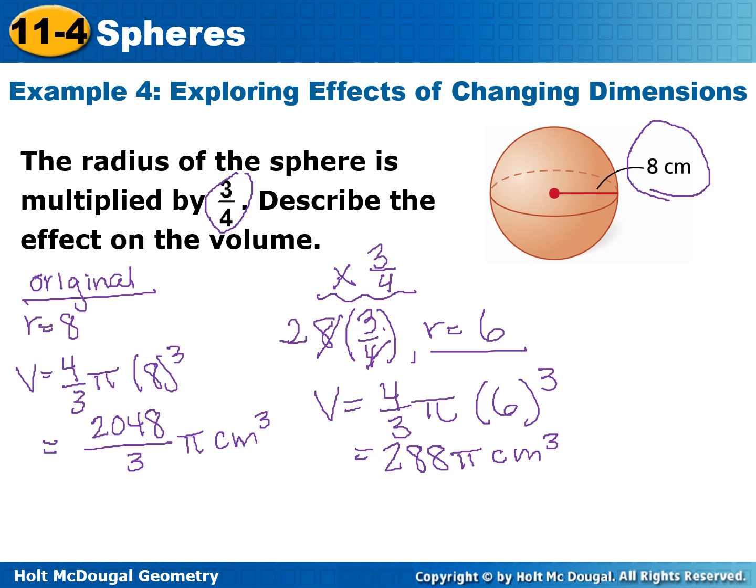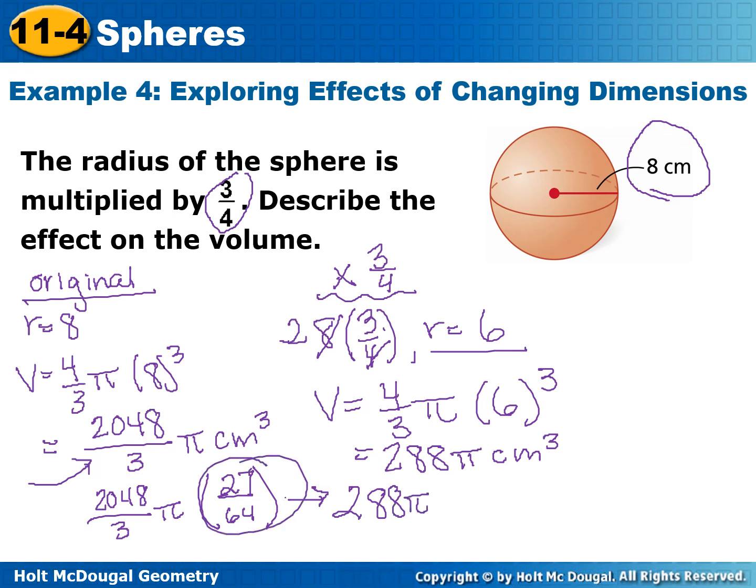So if I were to multiply the original 2,048 over 3 pi by 27 over 64, that would give me this 288 pi.